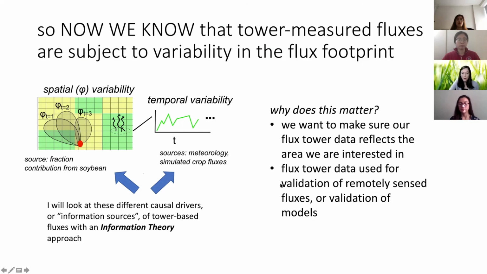So if we want to compare flux tower data to other types of data that don't have this aspect of the flux footprint, we need ways to make sure that we're comparing apples to apples. So I'm going to look at these 2 different aspects and try to disentangle the causal mechanisms behind what we're seeing at the flux tower.